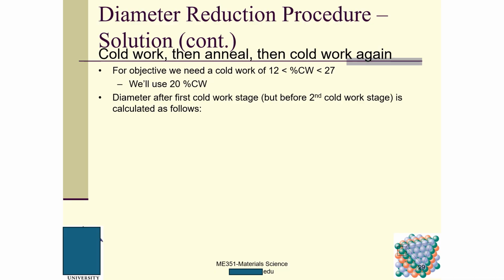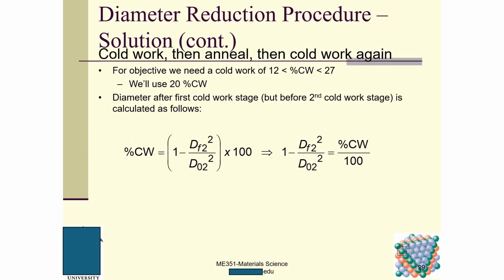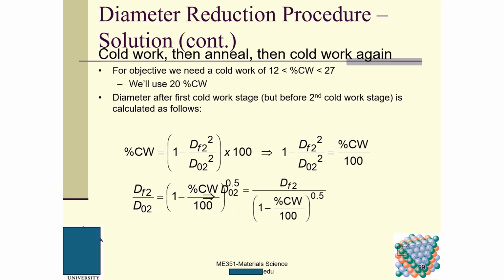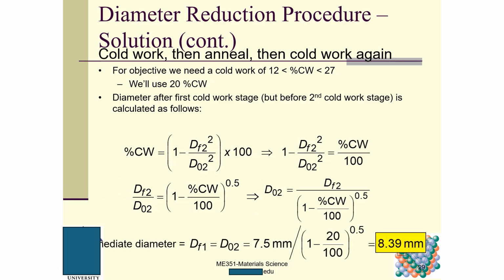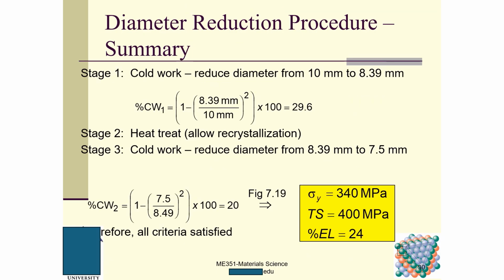For our objective, we will use 20% cold working. The diameter of the first cold work stage is calculated as follows. We use this equation, and you can practice it after class. This is the intermediate diameter.